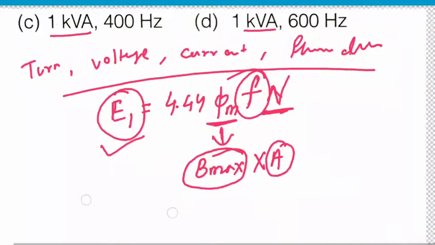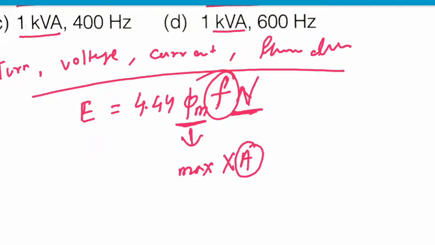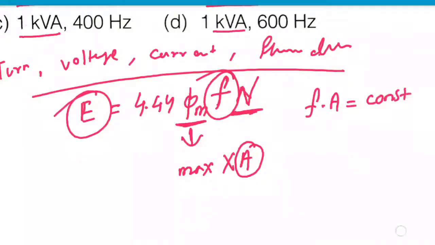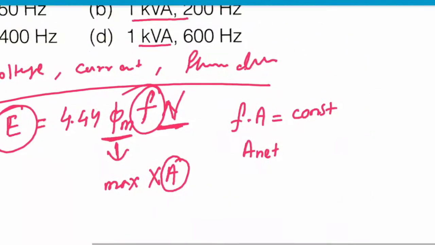So E is also fixed, so F into A is equal to a constant, and the net area of the cross section of the transformer is inversely proportional to the frequency.